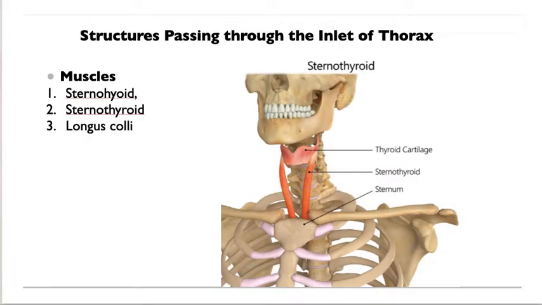Now, structures passing through the inlet of the thorax, the muscles, we have the sternohyoid from the sternum to the hyoid bone, the sternothyroid as seen over here from the sternum to the thyroid cartilage, and the longus colli muscle.